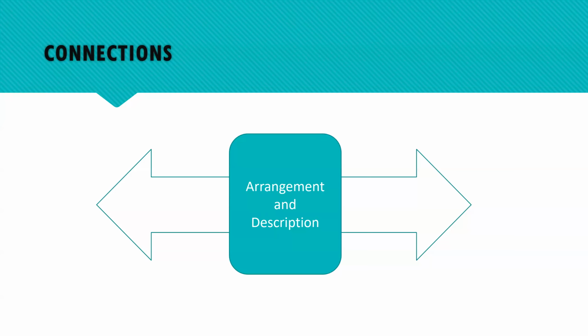So proper arrangement and description can reduce the likelihood that records are going to come into an archive and sit on external hard drives and just rot for who knows how many years before archives know that they're there and that they need digital preservation care.